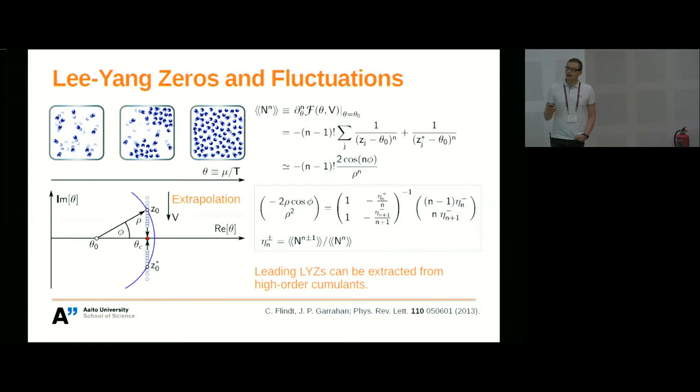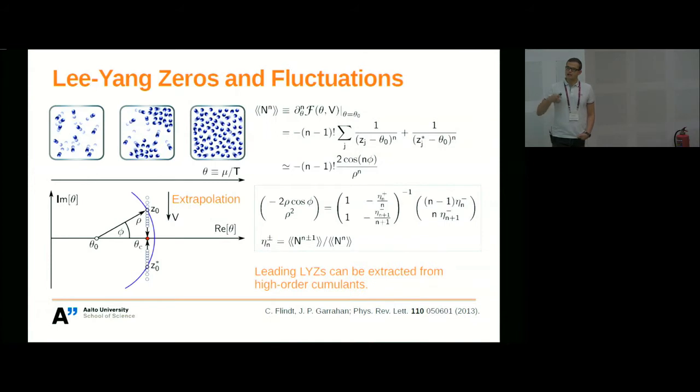Okay, but once I have done that, so please believe me, it's okay at this point, I can easily invert this formula, and what you get is this, with the objects eta defined as ratios of successive cumulants.